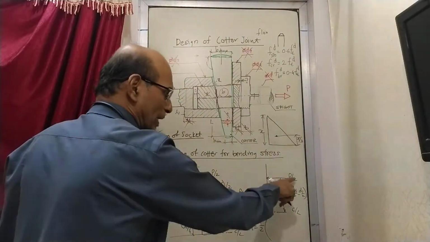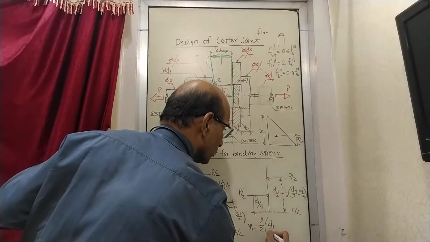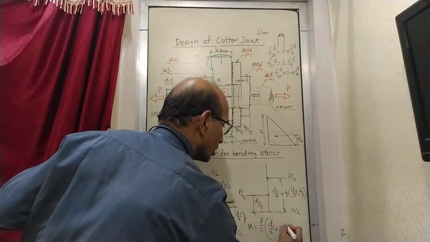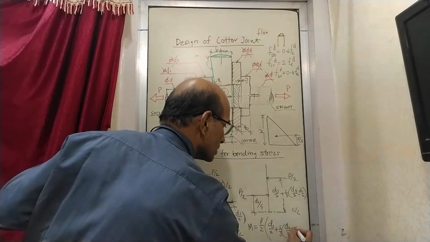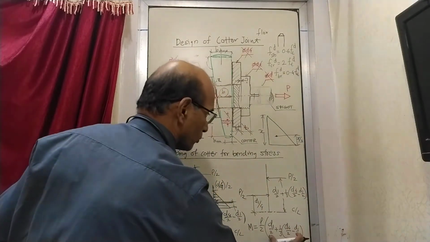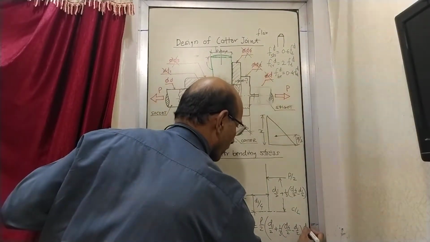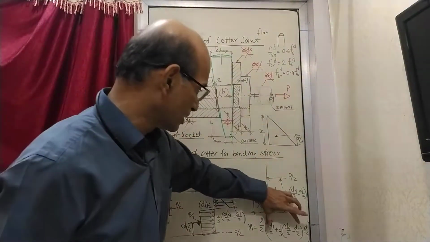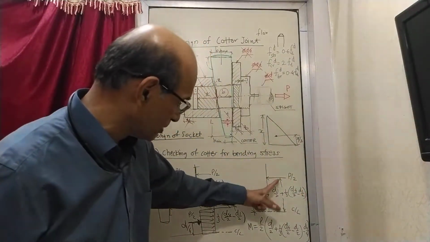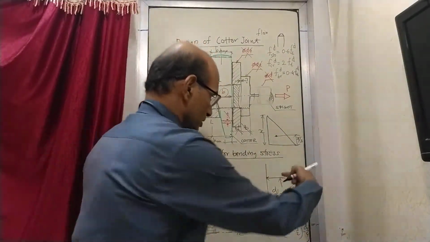So effectively I can take P by 2 out, and now the distance is d1 by 2 plus 1/3 of d4 by 2 minus d1 by 2. So I have taken one distance minus this d1 by 4. So one distance minus other distance.